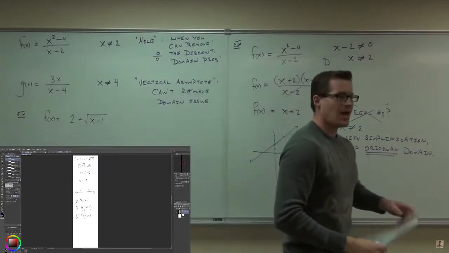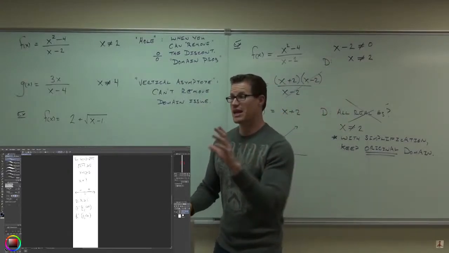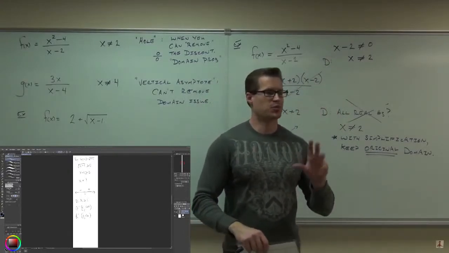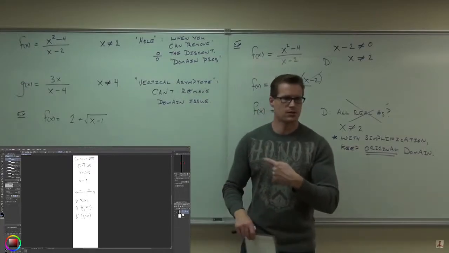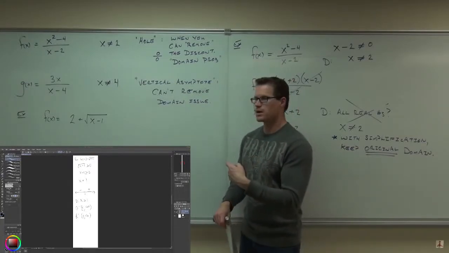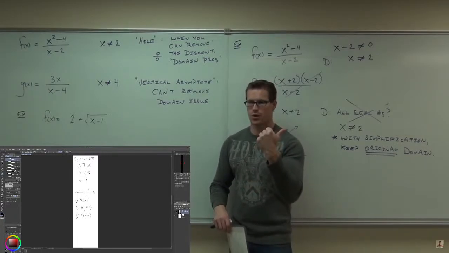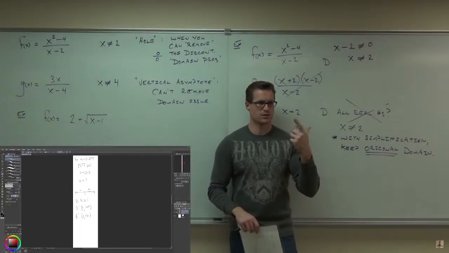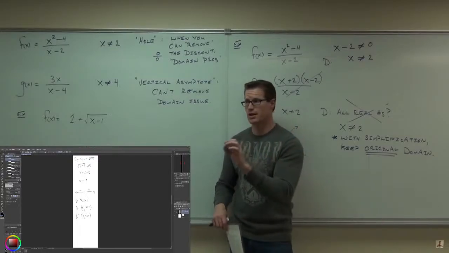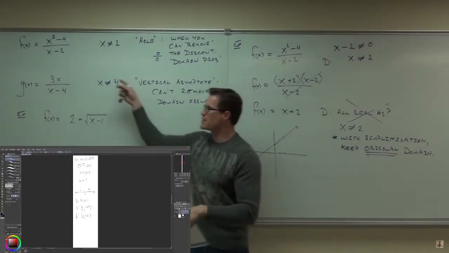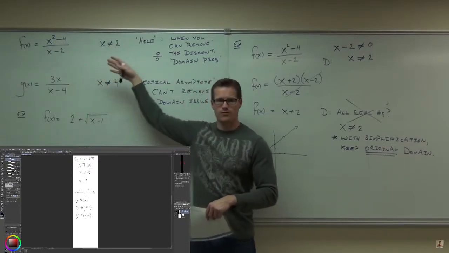Range of that problem. Hey, first thing, are we going to potentially have any problems in this? Are there denominators or are there roots? There's definitely roots, so we potentially could have some problems. We don't have any denominators, so we're not dealing with holes and vertical asymptotes.